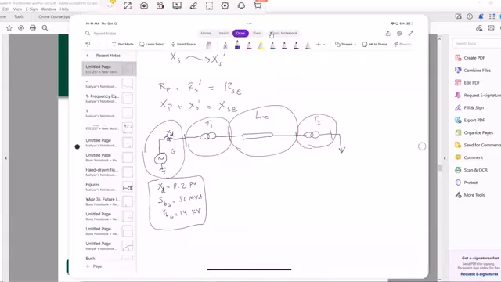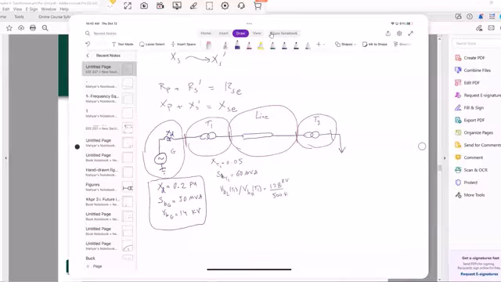Same thing for transformer number 1. Let's say XT1 is equal to 0.05 on the base of transformer number 1, which is 60 MVA, and the voltage base of transformer number 1, V base low of T1 over V base high of T1, is equal to 13.8 over 500.